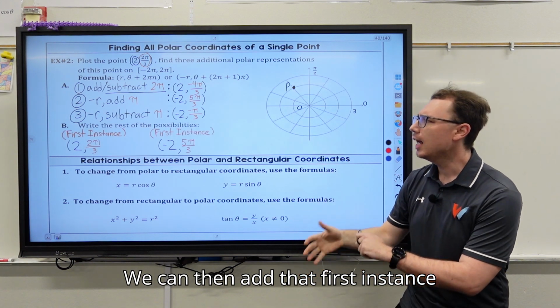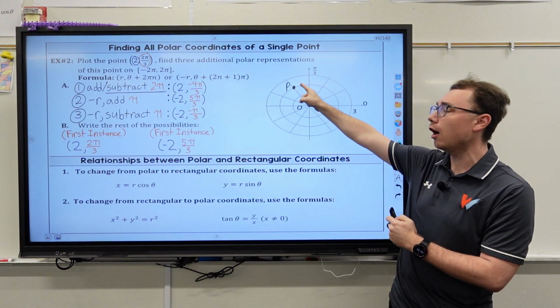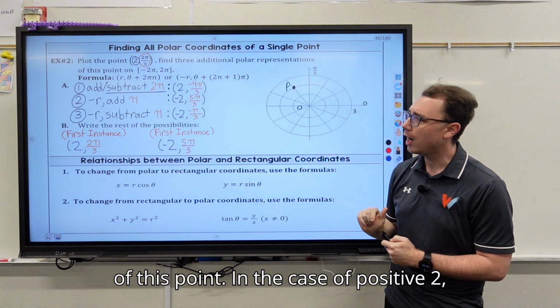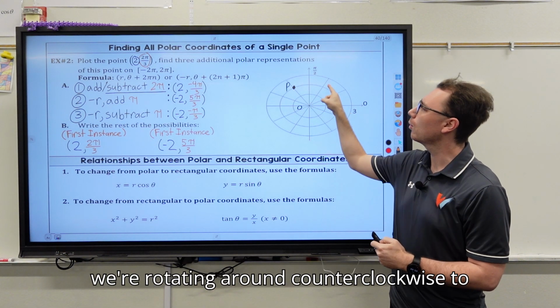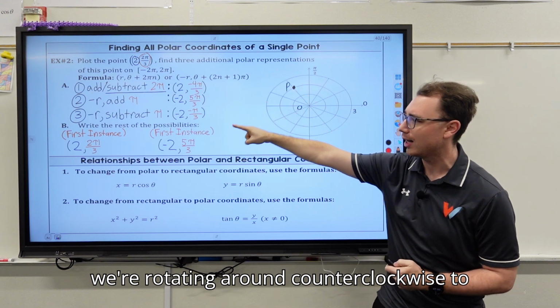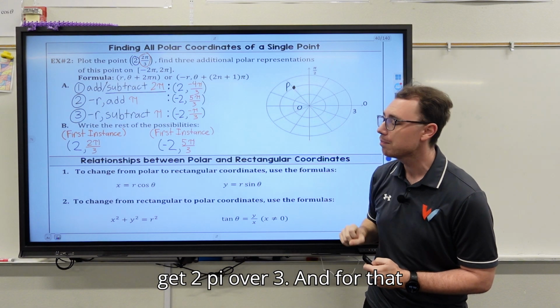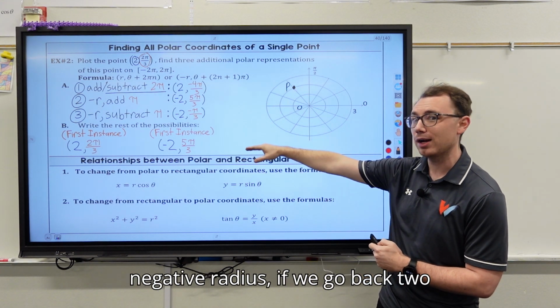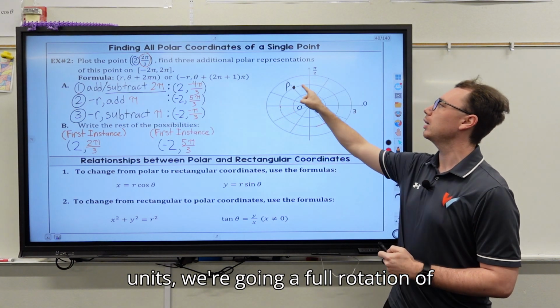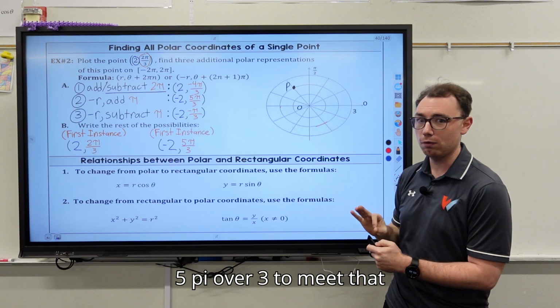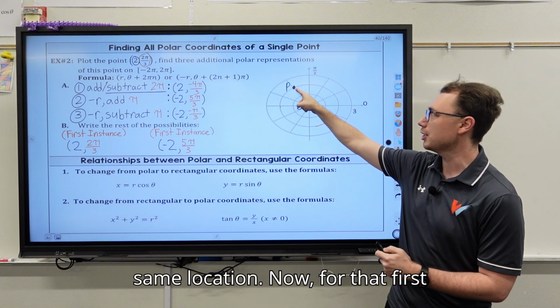We can then add that first instance of this point. In the case of positive 2, we're going a full plus 2 here, and then we're rotating around counterclockwise to get 2 pi over 3. And for that negative radius, if we go back 2 units, we're going a full rotation of 5 pi over 3 to meet that same location.